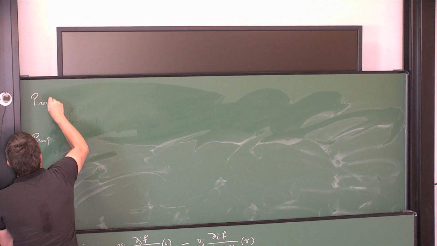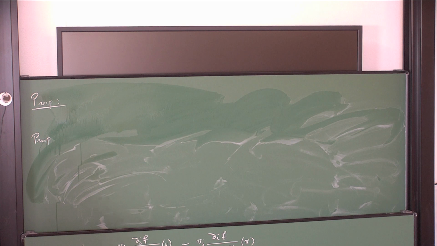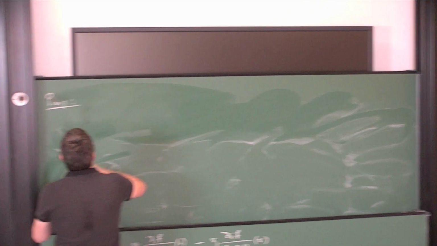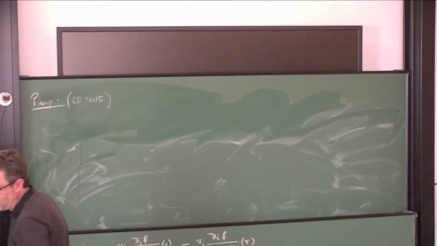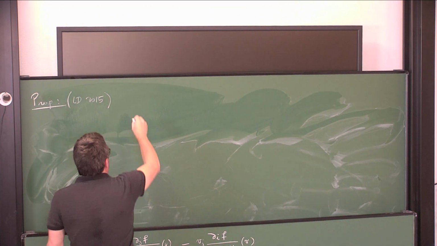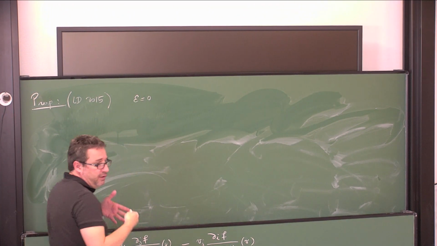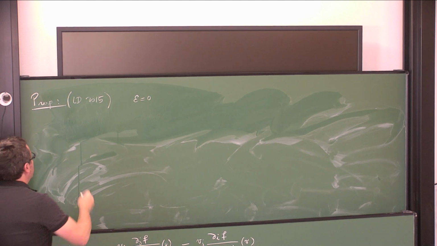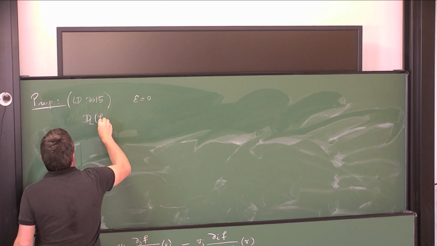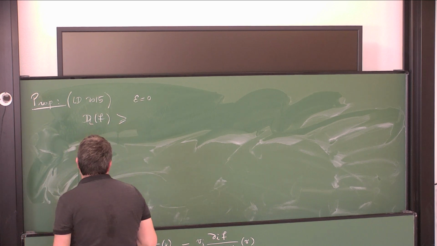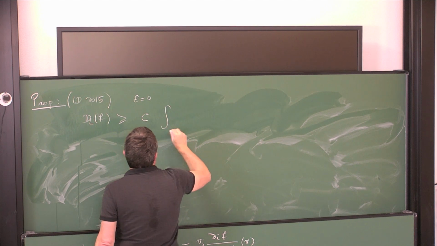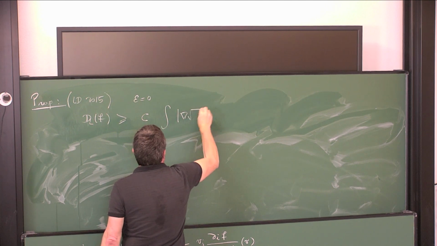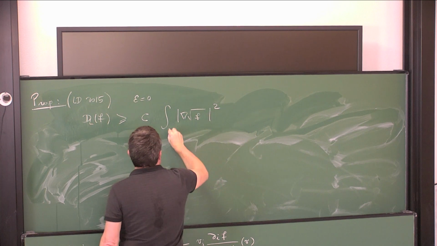Actually, I was able to prove a few years ago that in the case when epsilon equals 0, so this is for the entropy dissipation of Landau, that D_L of f is bigger than some constant times the integral of the gradient of square root of f, squared.